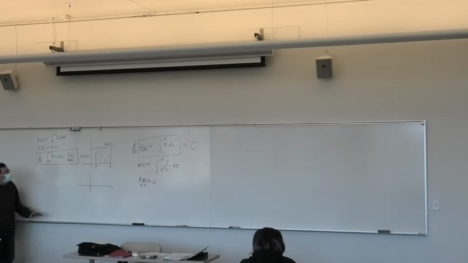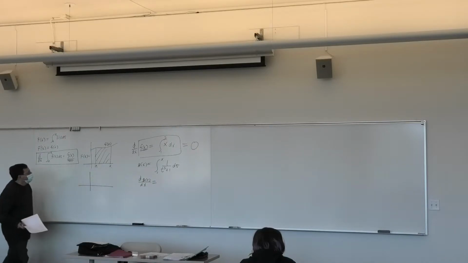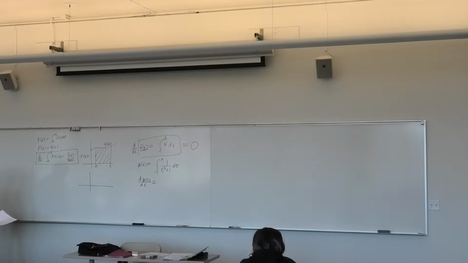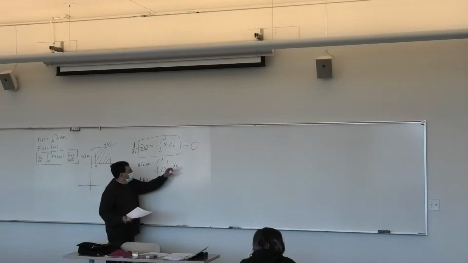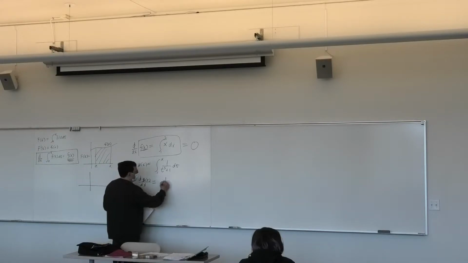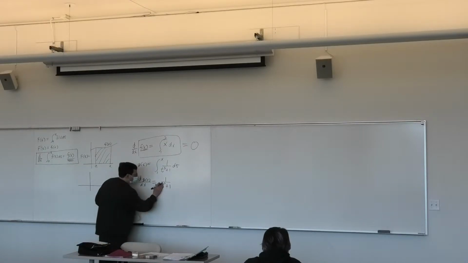We can find areas by finding antiderivatives and evaluating them. So if you have the antiderivative, you have the area function, you find its derivative, what do you get? You just get back your function that you're integrating over. This would be x.